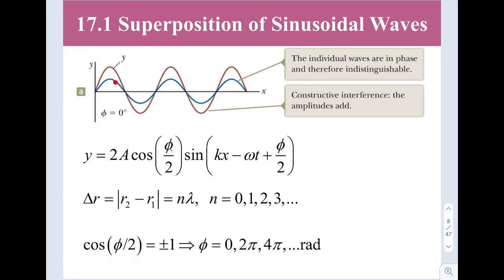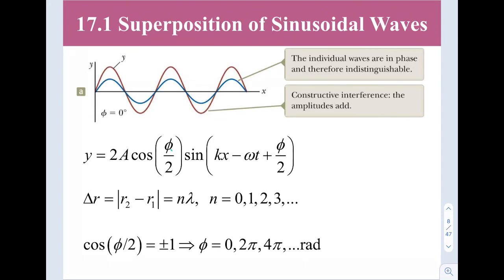So combining y1 and y2, the resultant y is the product of it. Recall just now, y equivalent to 2A cos(phi/2) sin(kx minus omega t plus phi/2). This whole bar is the amplitude. This only happens whenever y1 and y2 are in phase.